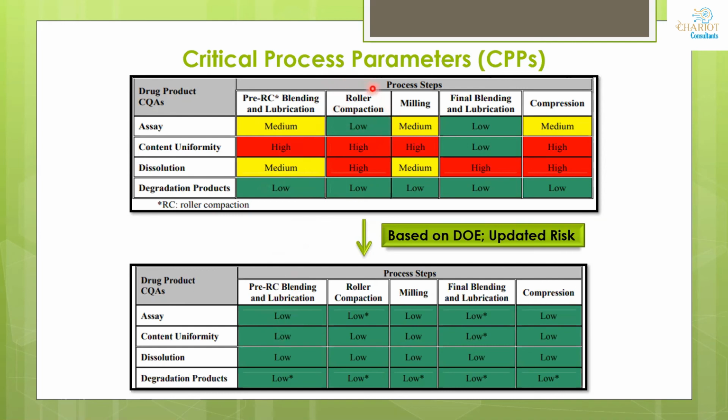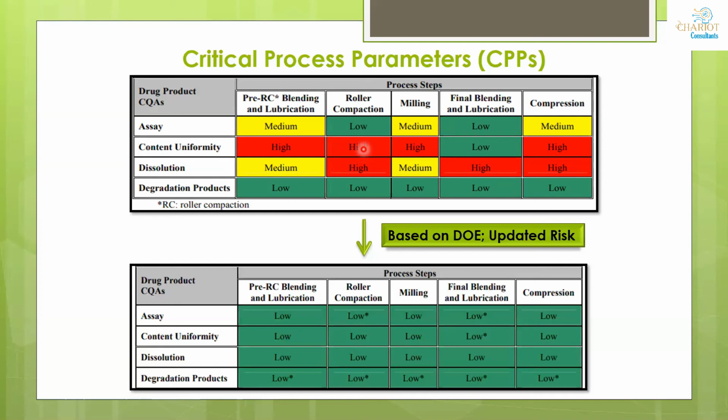Similarly, for roller compaction, this is a broad term, but in roller compaction there are several parts. For example, in milling, there is a small oscillating granulator, OG, which breaks the flakes into small particles. So that speed can impact your content uniformity, so you will evaluate that speed.